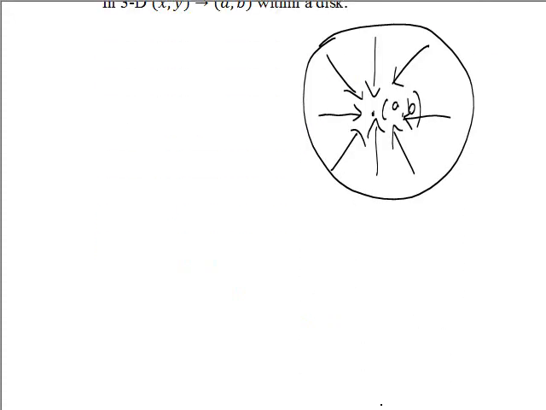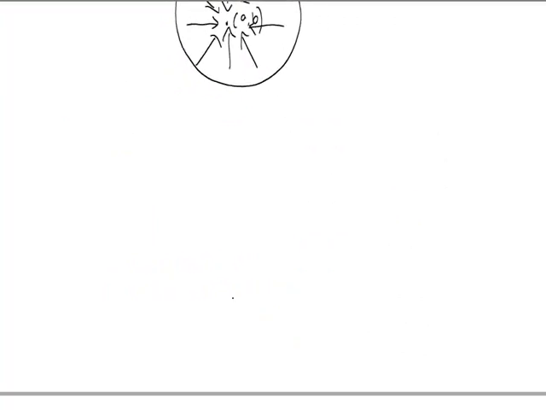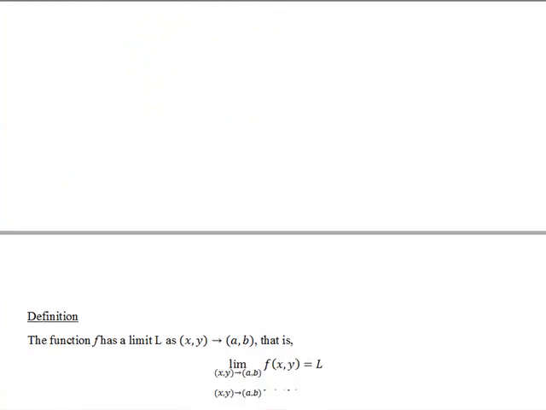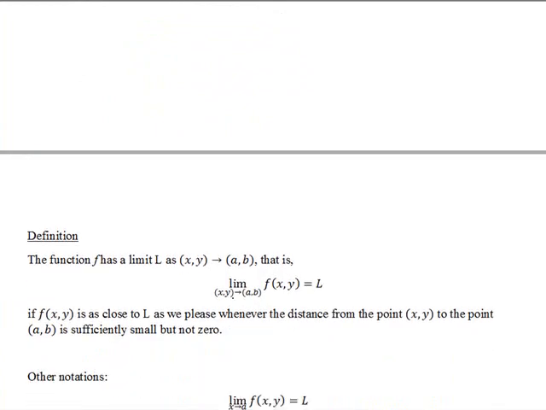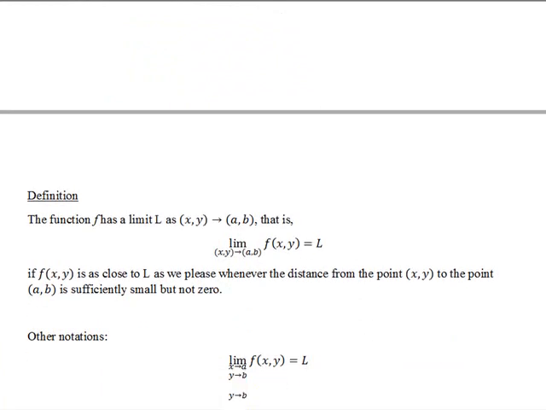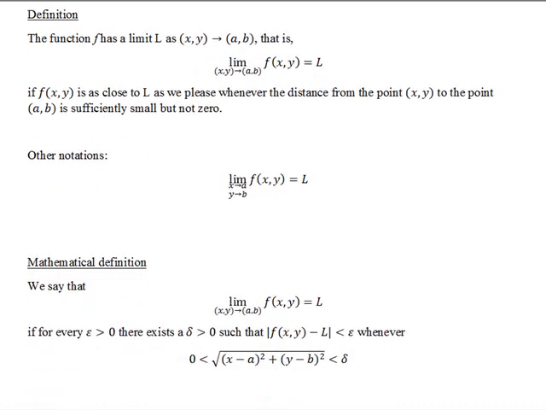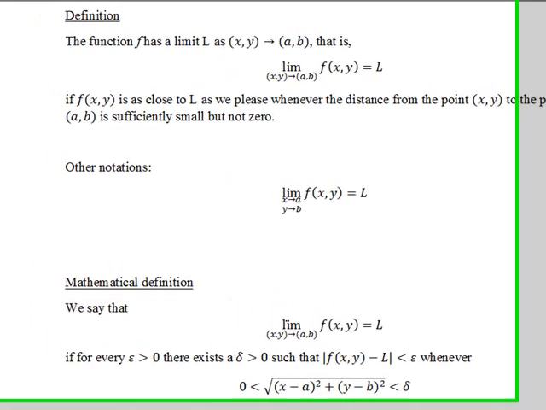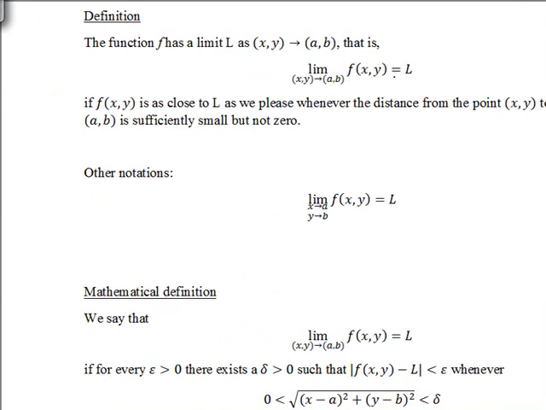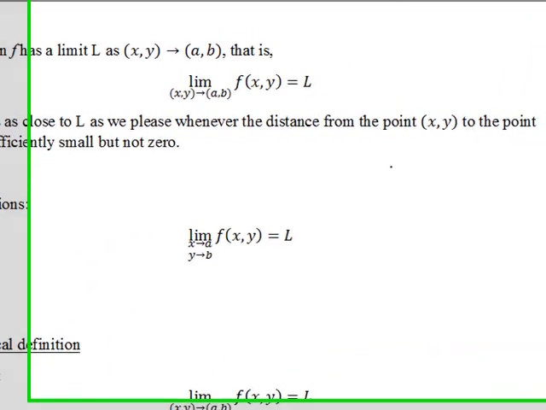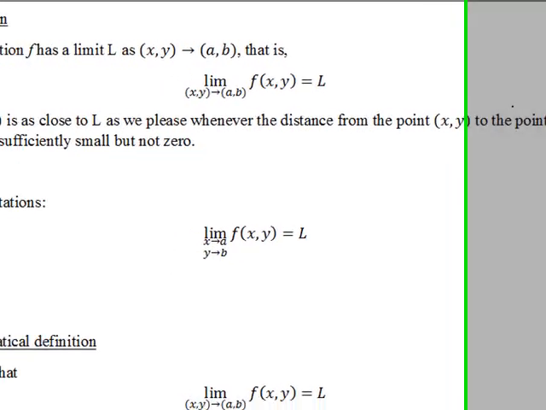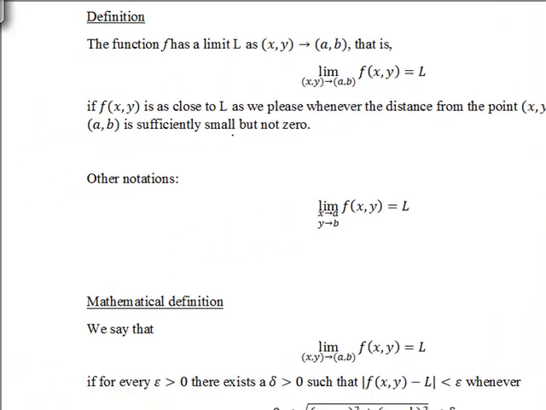But first, let me give you the notation. Definition. The function f has a limit L as (x, y) approaches (a, b), and this is how we write it: the limit as (x, y) approaches (a, b) of f of (x, y) equals L, if f of (x, y) is as close to L as we please whenever the distance from the point (x, y) to the point (a, b) is sufficiently small but not 0.